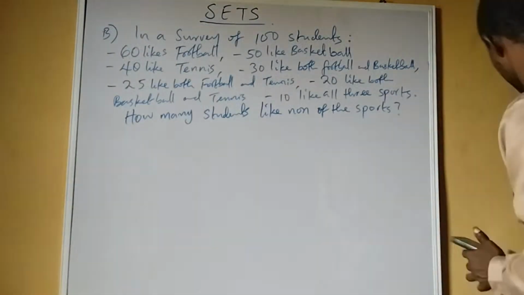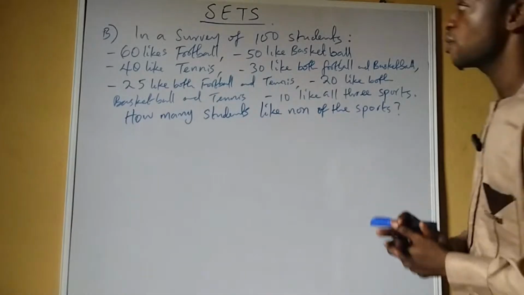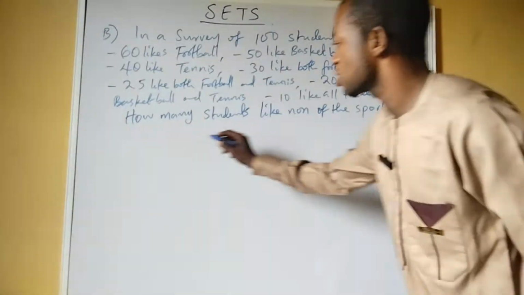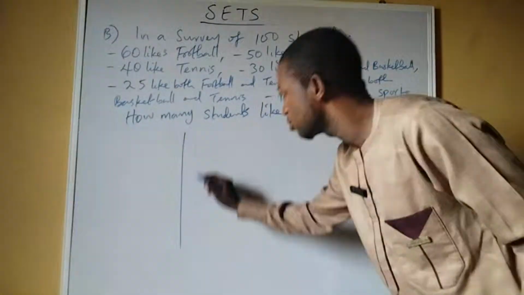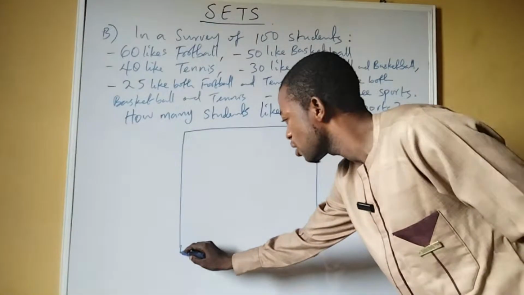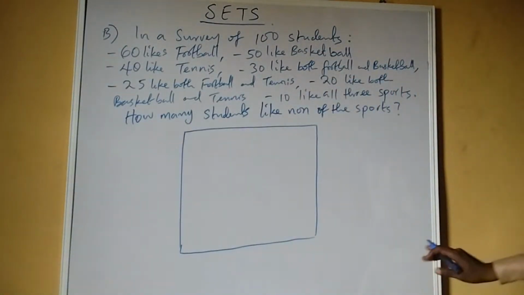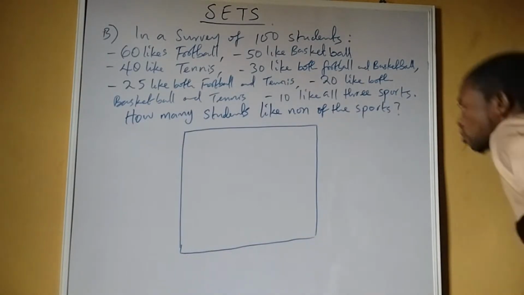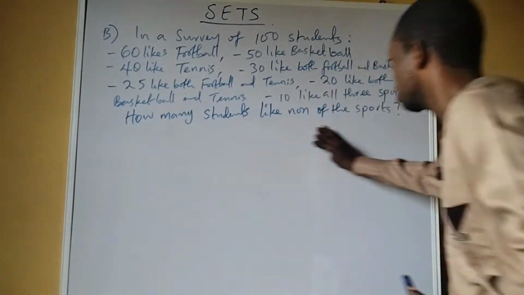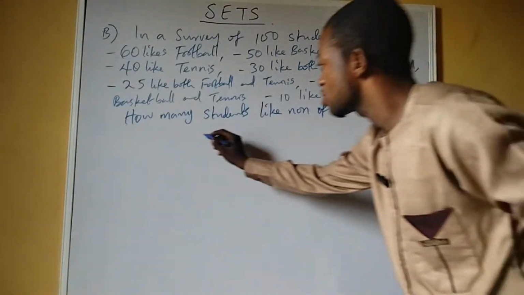And when we quickly solve this, we also use a Venn diagram. That is, we draw this diagram, which is the universal set that contains the elements under consideration. So we have that box drawn. I'll make it a little bit bigger than this.